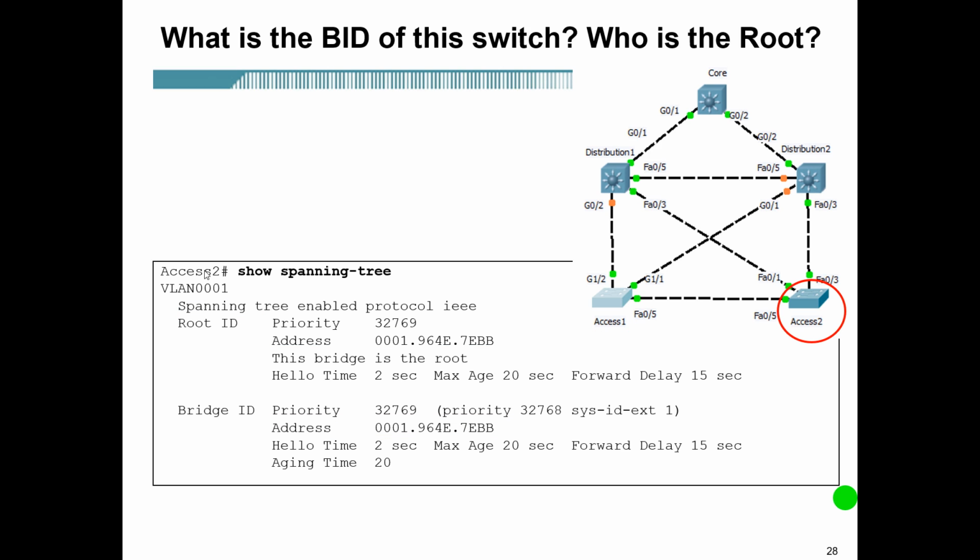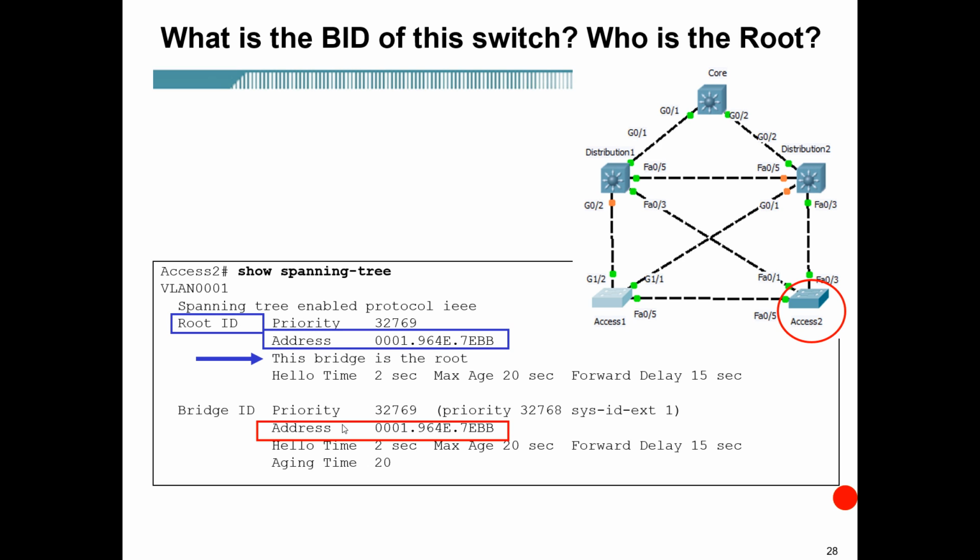Here we have access switch 2. Here is its MAC address, which you're going to notice is the MAC address for the root ID. So this is the root bridge because it used the BID and the lowest MAC address setting.